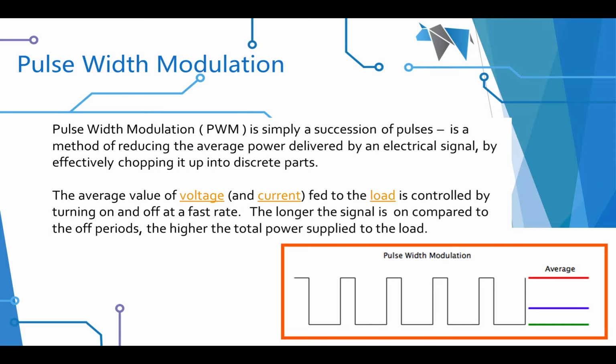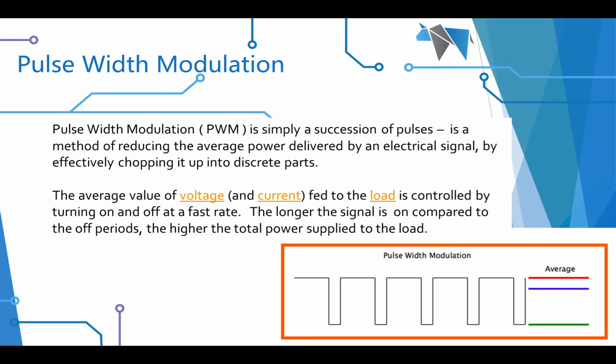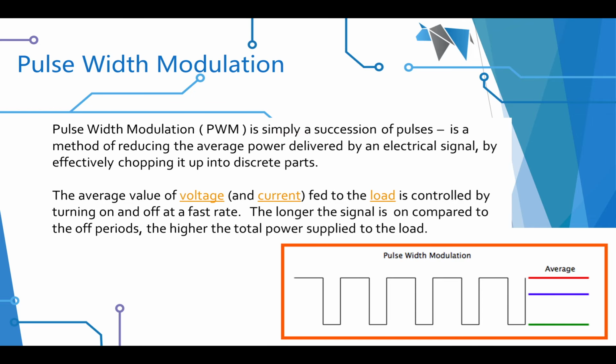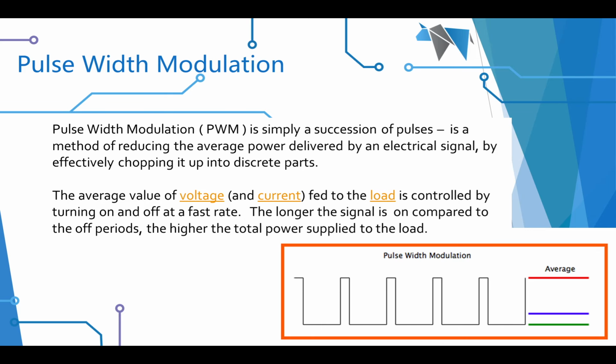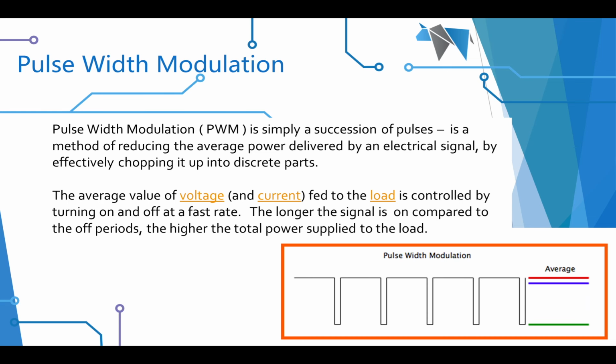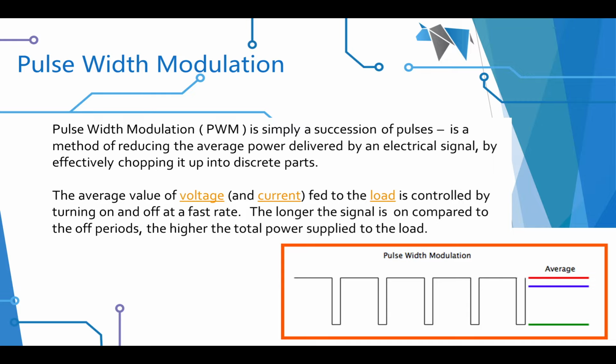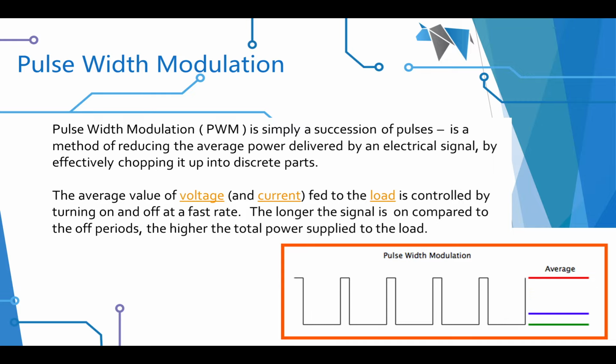So let's look at pulse width modulation. It's basically a simple succession of pulses, and you actually average, it reduces the average power delivered by an electrical signal. It chops it up into discrete parts. So it's the average of a value, and the load is controlled by turning it on and off at a very fast rate.